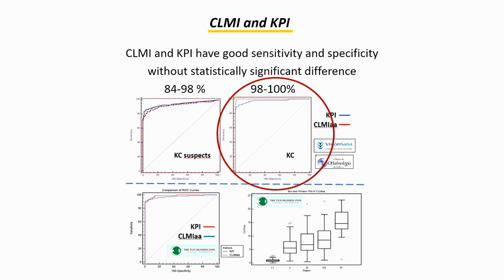Okay, CLMI and KPI have a very good ROC curve of statistics with very few false positives and false negatives. These are two studies, one in Colombia, one in Kuala Lumpur. But unfortunately, these indices are not good for evolution, progression of keratoconus, because grade 1 may have the same values as grade 4, okay?